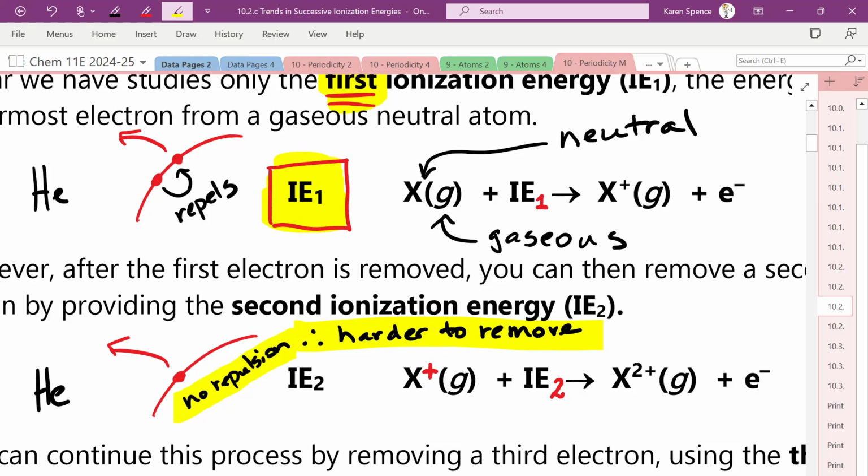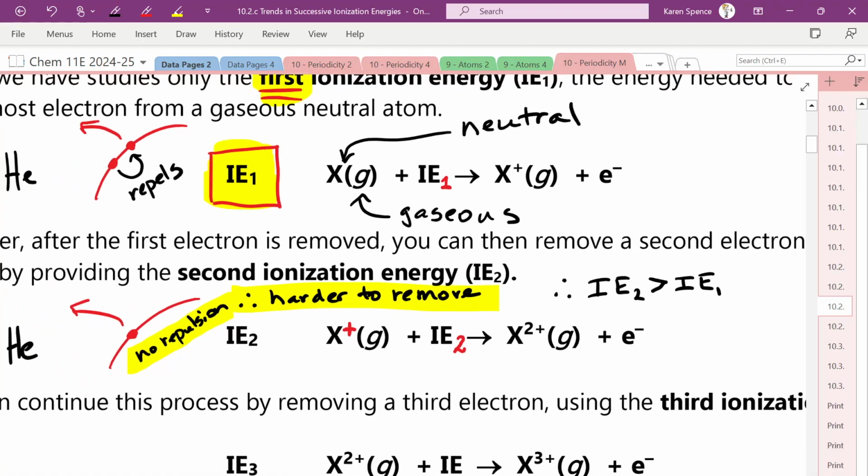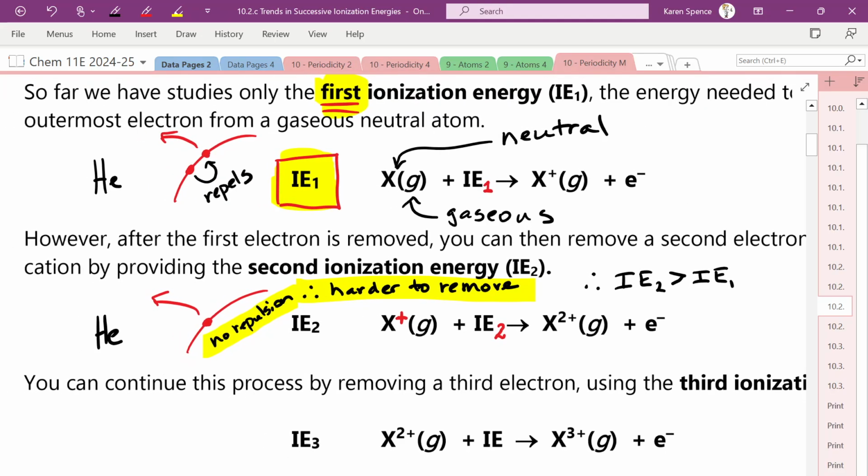And that means ionization energy 2 is going to be bigger. Now, if we just had helium, we would be done at this point. There is no ionization energy 3 because helium does not have a third electron. It's nice to be able to see that little difference between them.